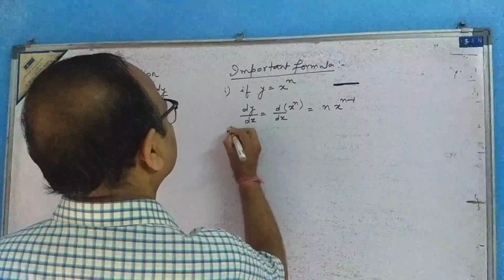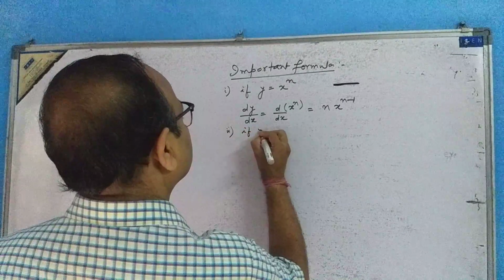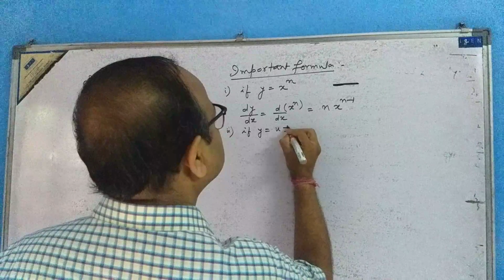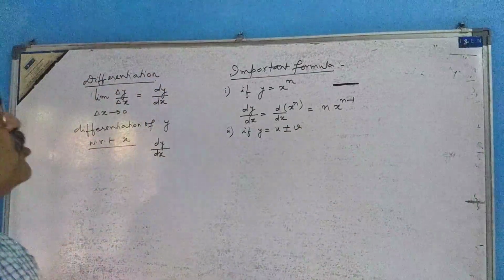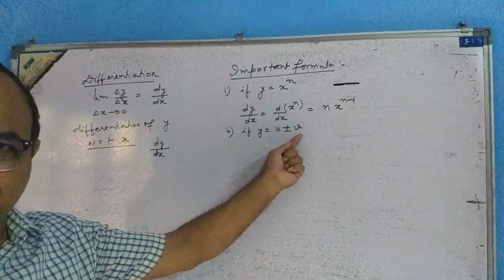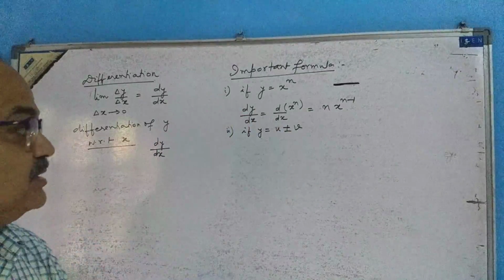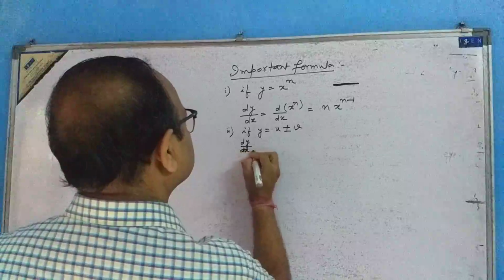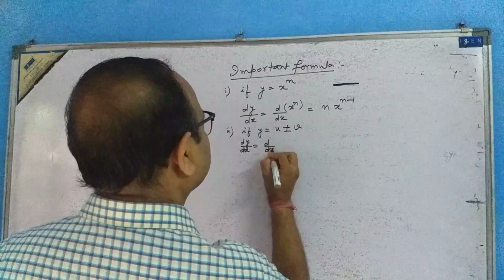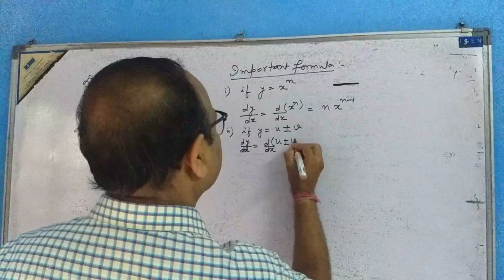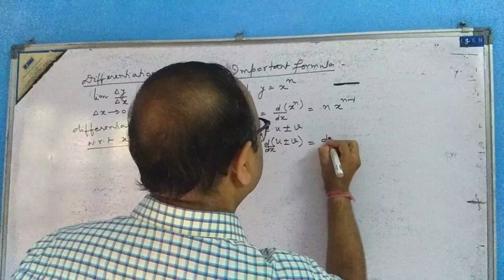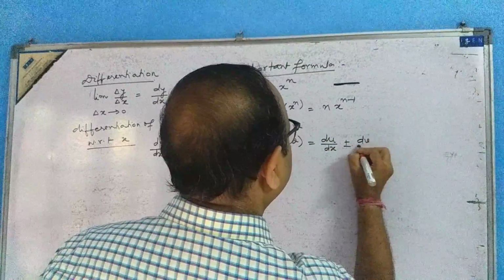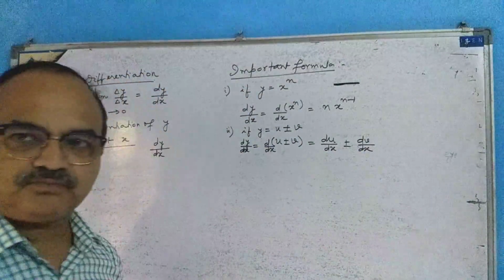Then number 2, if y is equal to u plus minus v, suppose y is expressed as the sum of two variables or difference of two variables, then how much? dy by dx should be d by dx of u plus minus v must be written as du by dx plus minus dv by dx.